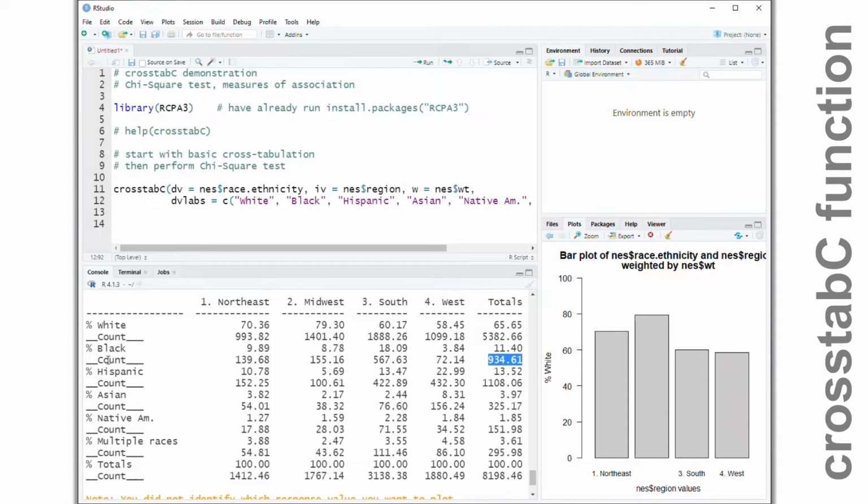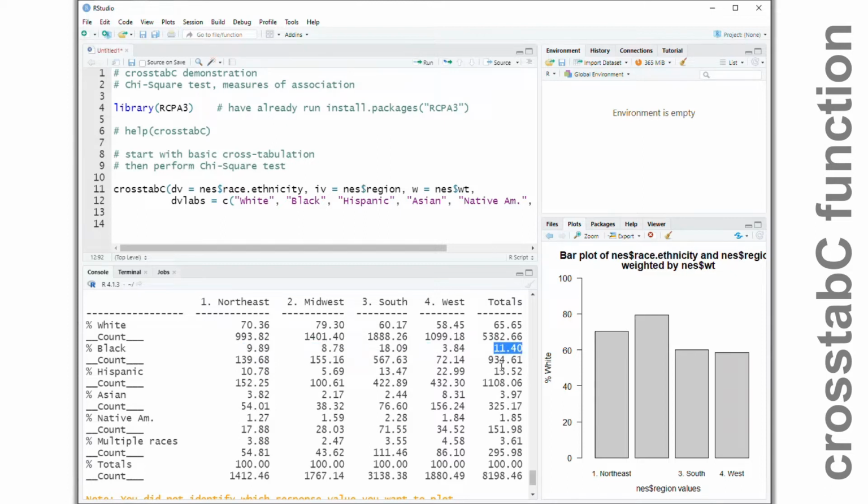There were 934.6 weighted black respondents, and they had a distribution throughout the country that's shown here, but it is plausible that this distribution occurred as a result of random chance.